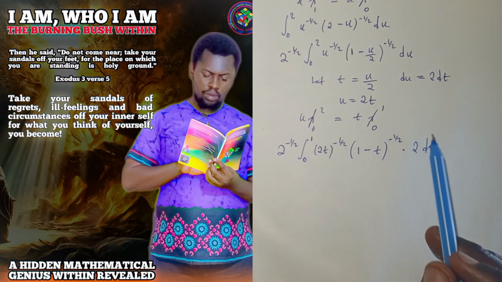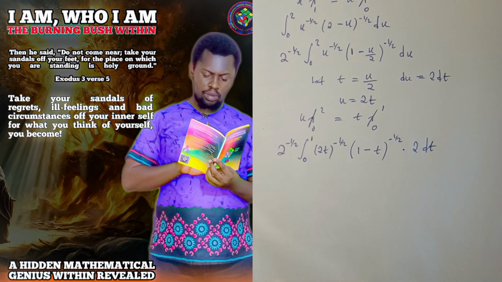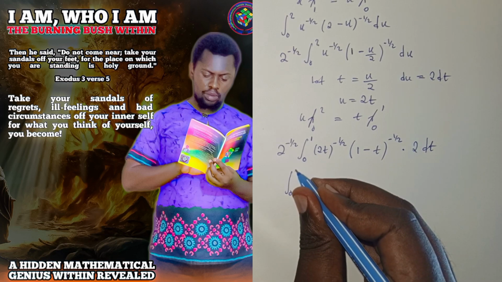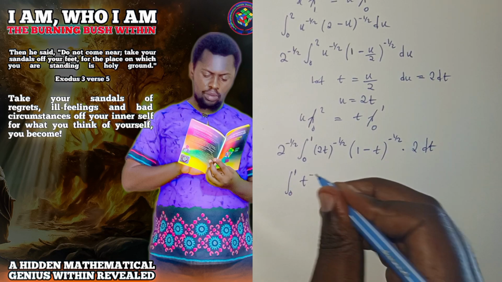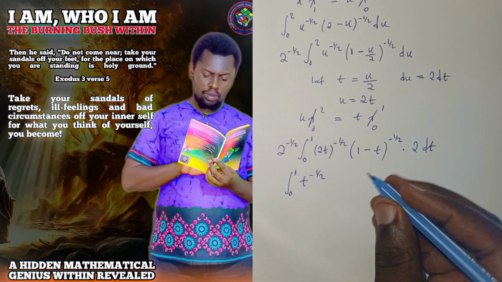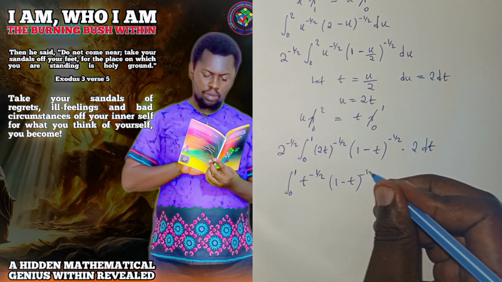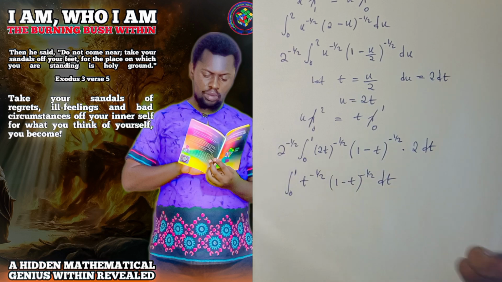Minus 1 plus 1 is 0. So that is 2 to the power 0, which is just 1. So all the constants are cancelled out. We have the integral from 0 to 1 of t to the power minus 1 over 2, times 1 minus t to the power minus 1 over 2, dt.